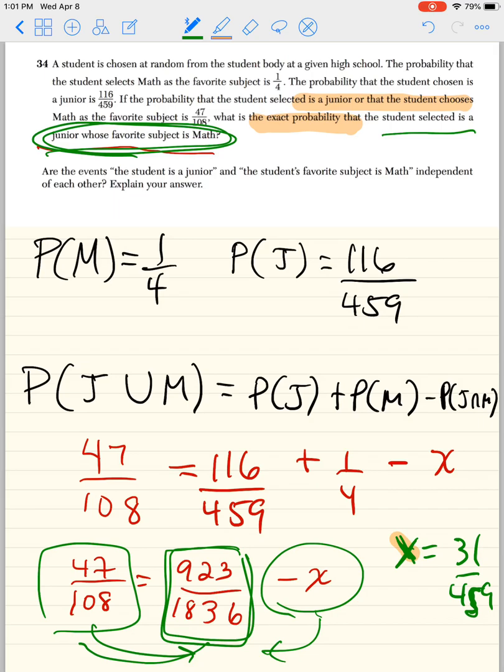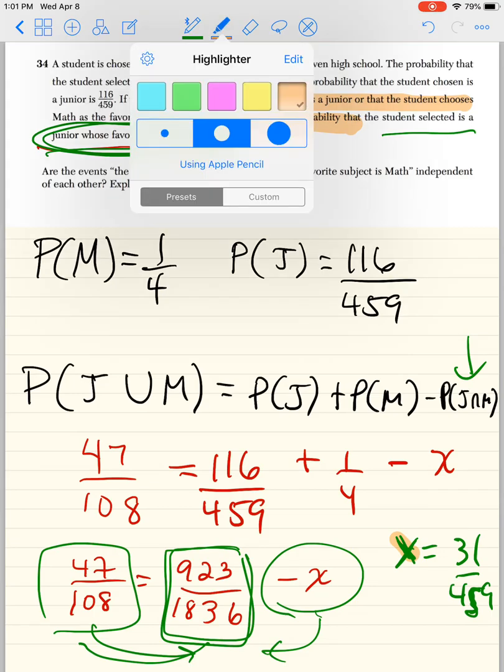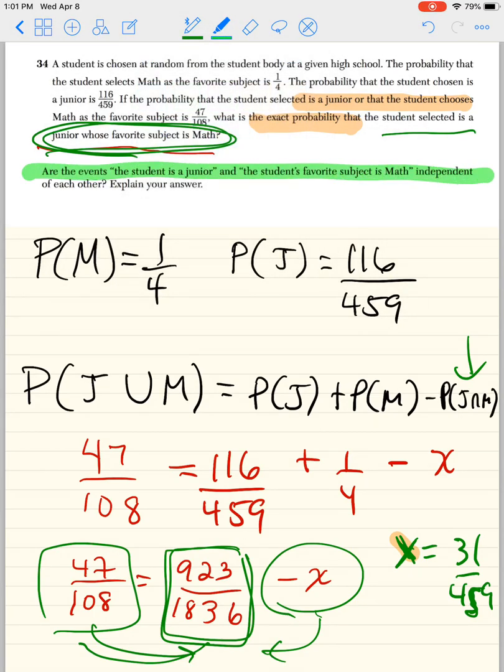So we found their intersection. There was a part B to this question. It says, are the events the student is a junior and the student's favorite subject is math independent of each other? Explain.